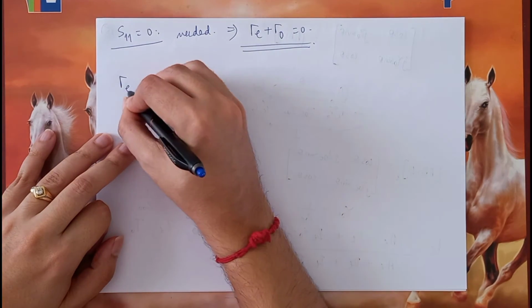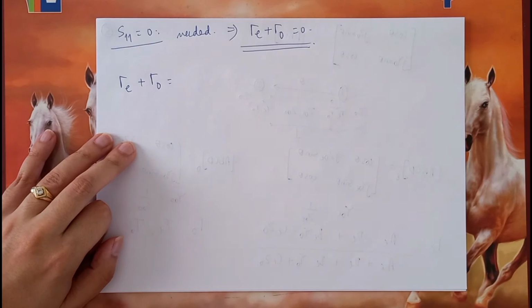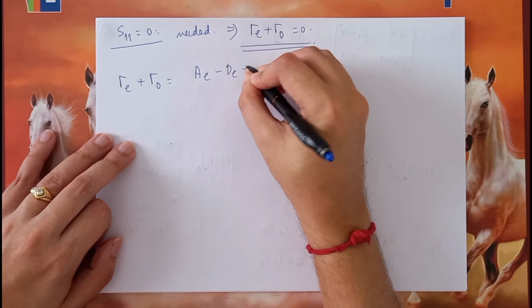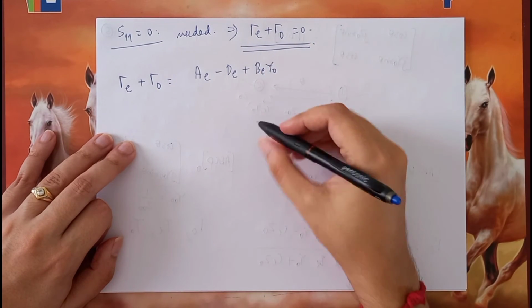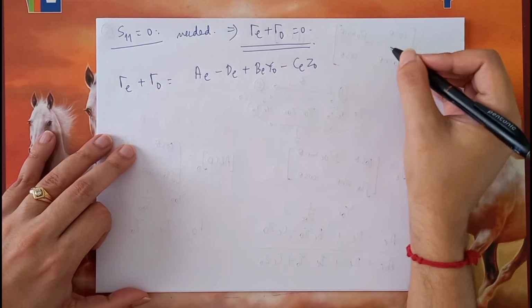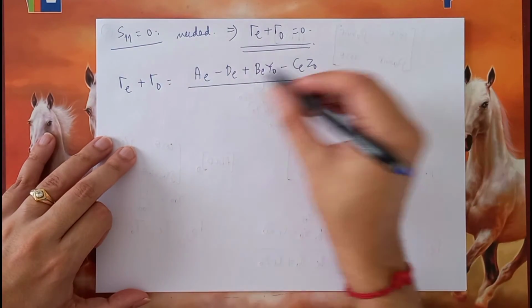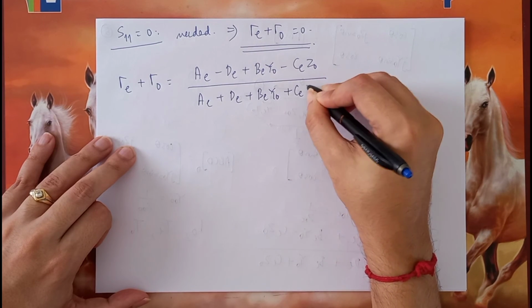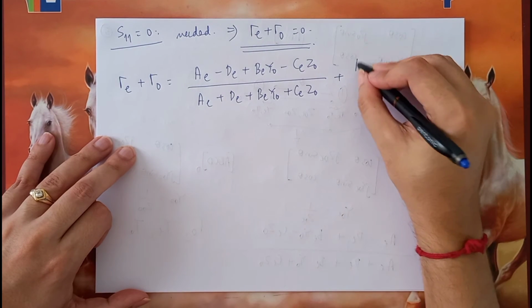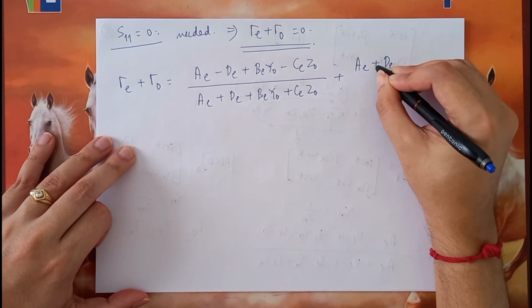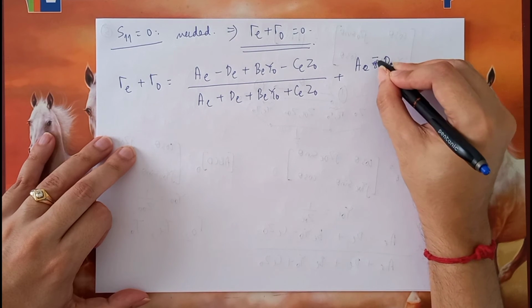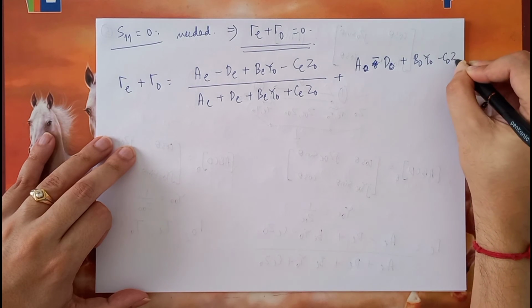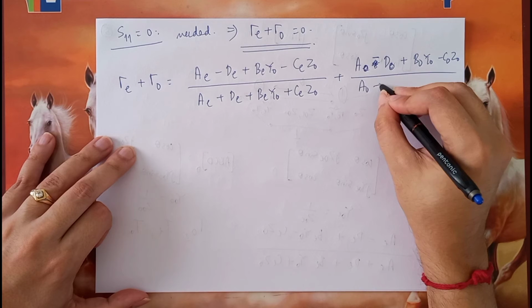So then let's apply this gamma E plus gamma O and see under what condition it will become 0. This will be AE minus DE plus BE Y0 minus CE Z0 divided by AE plus DE plus BE Y0 plus CE Z0, plus AO minus DO plus BO Y0 minus CO Z0 divided by the sum of all of these.